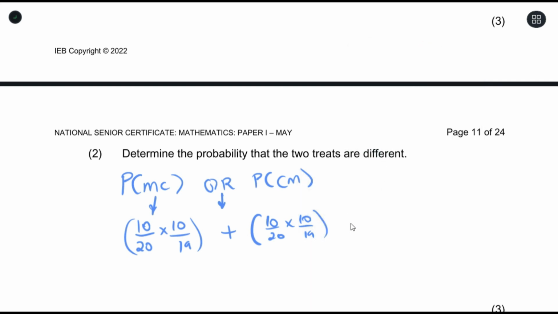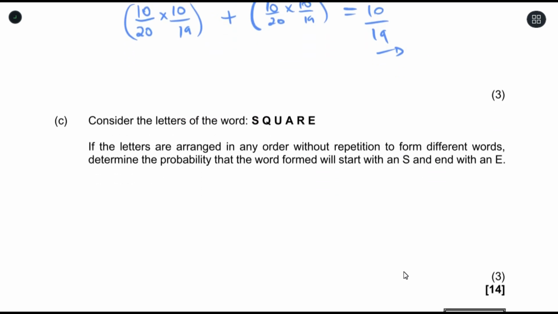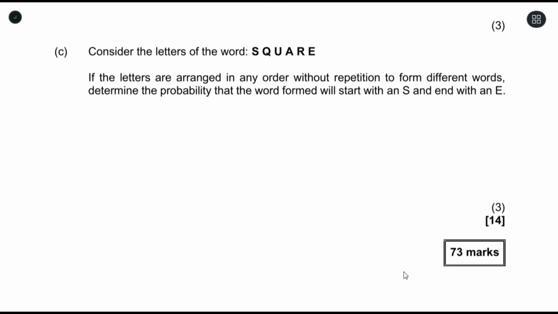So the probability of the treats being different is 10 over 19. That's exactly what they wanted. Okay, all done.